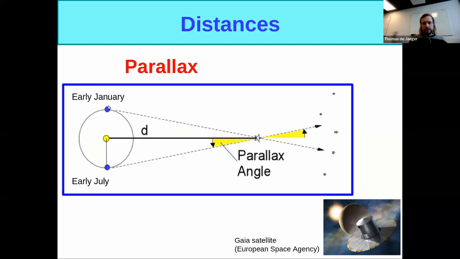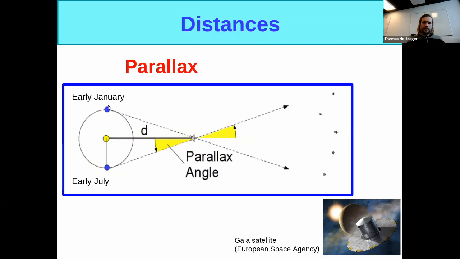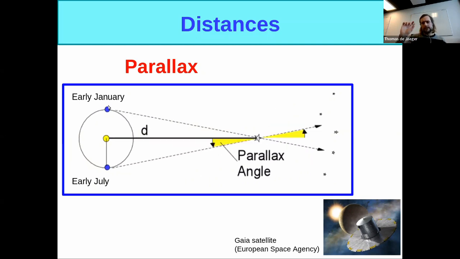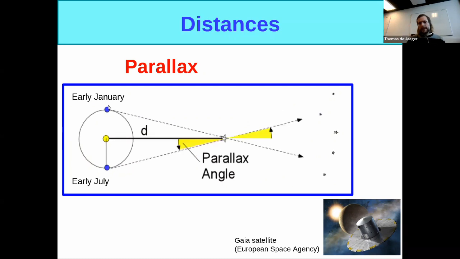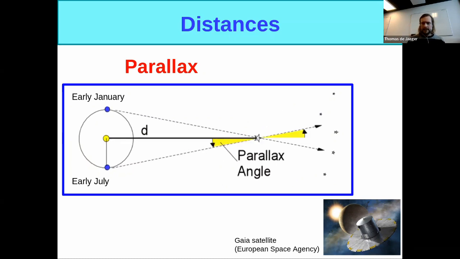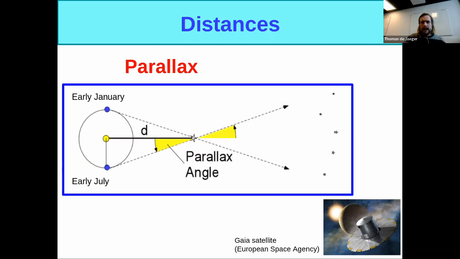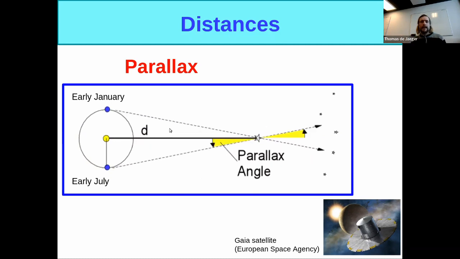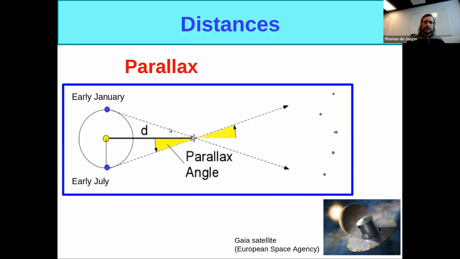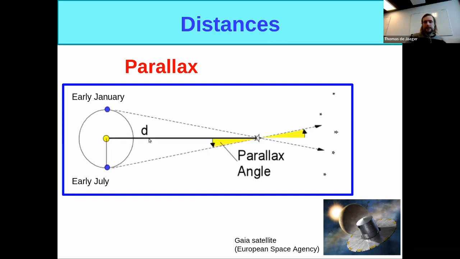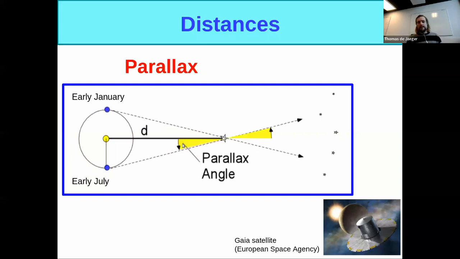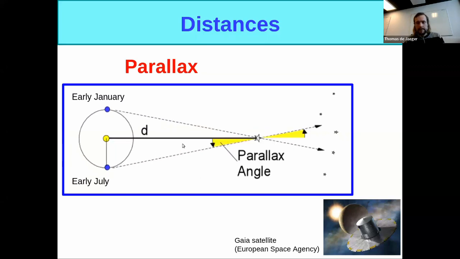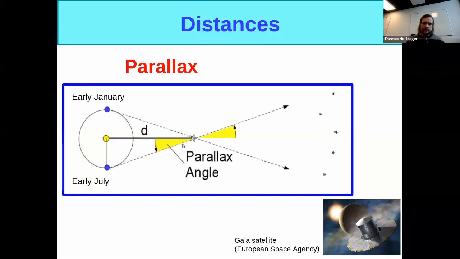You see the Earth at two different epochs, six months apart, and the star's apparent motion with respect to the other stars in the sky, and you can measure this angle, the parallax angle. From the parallax angle, you can use geometry and easily derive the distance d. This is what Gaia is doing, measuring millions of parallaxes with high precision in the Milky Way.